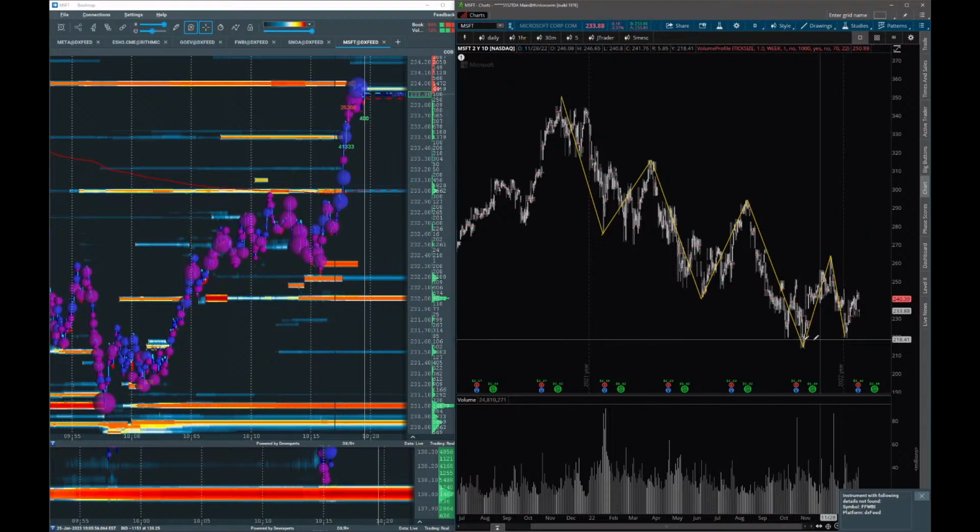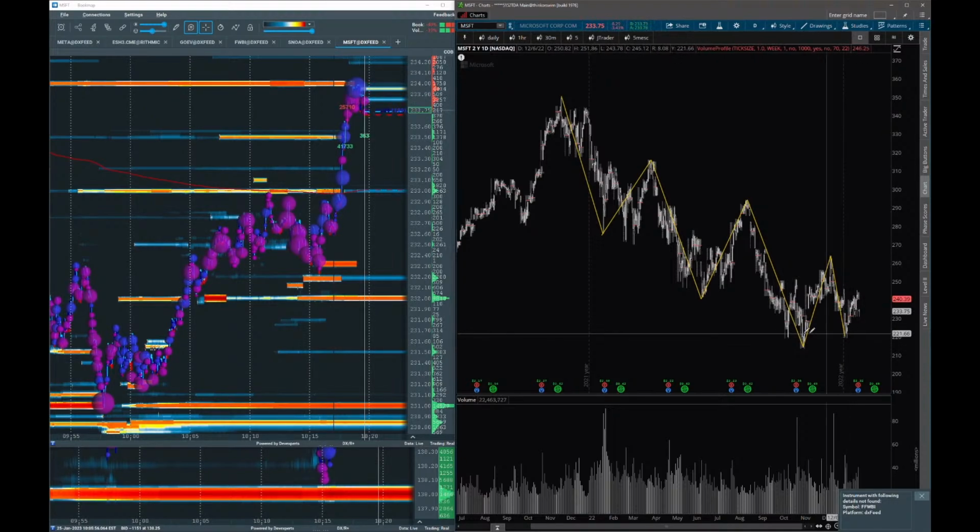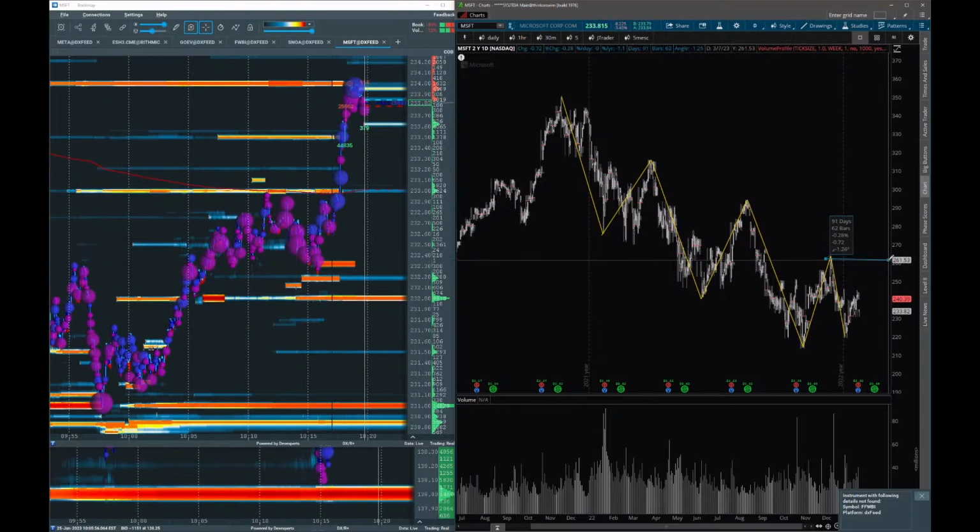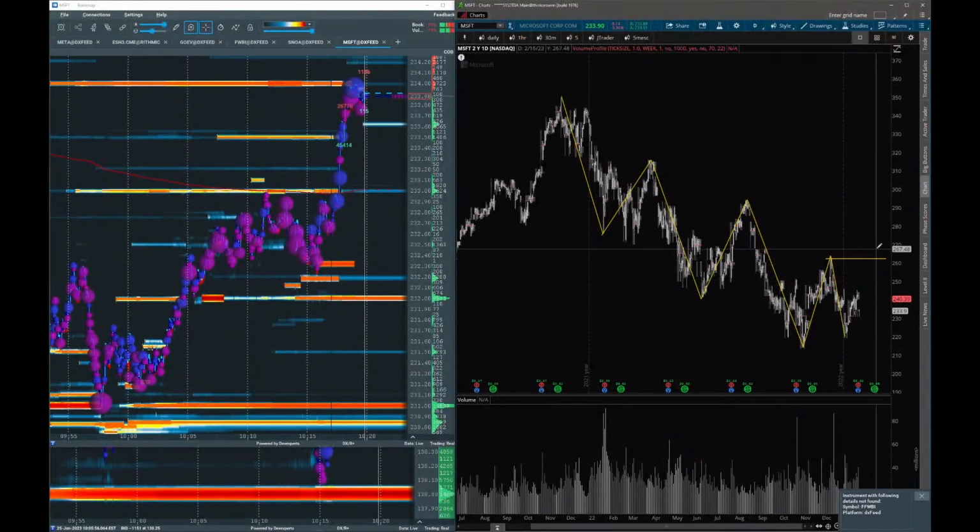Now at this point on Microsoft, we don't know if this will be the higher low, where we start making higher lows. We need to clear this 261, 262 resistance and then start making dips over here.